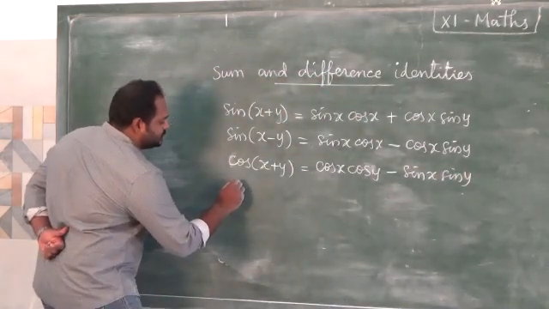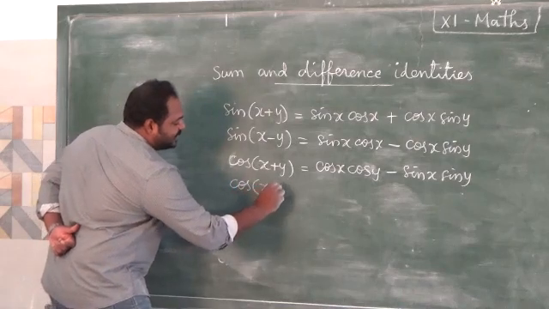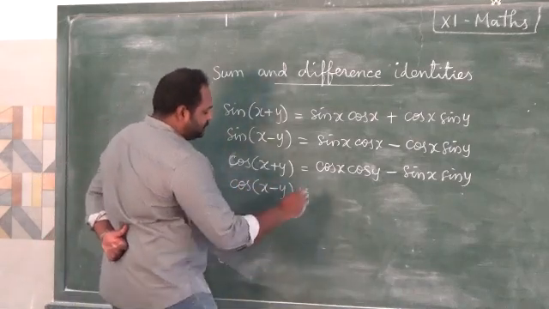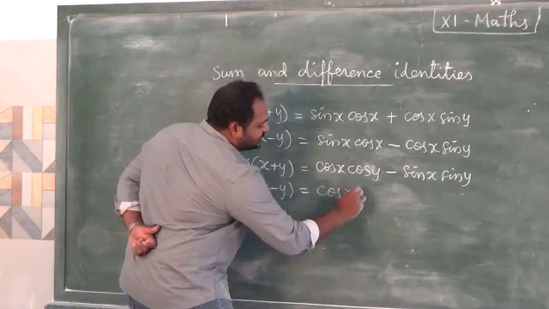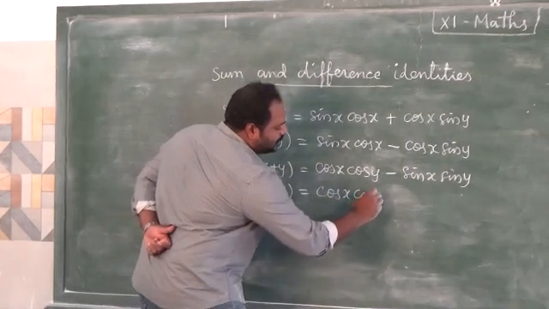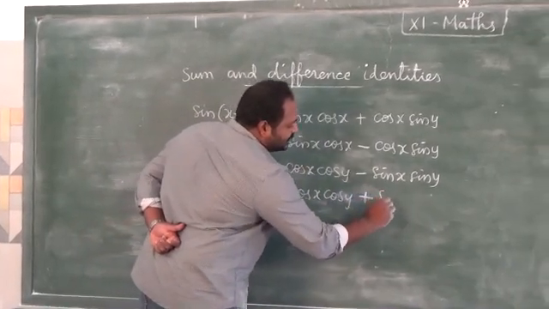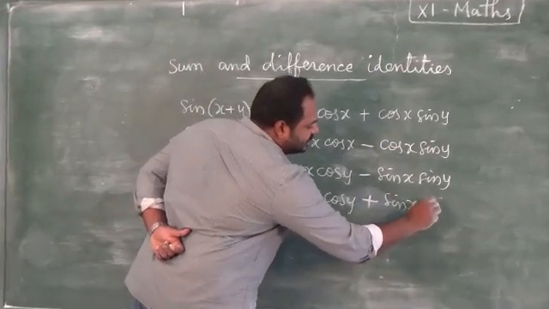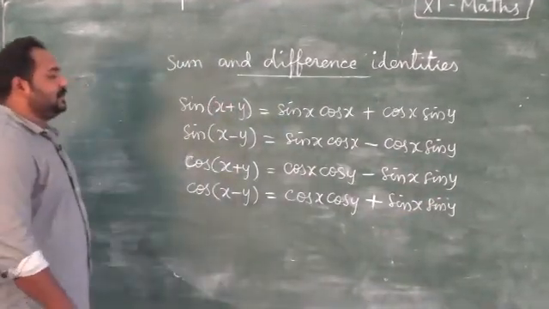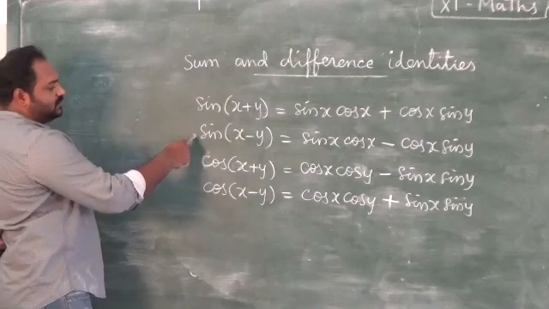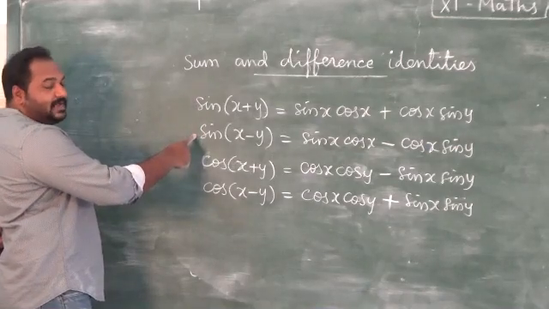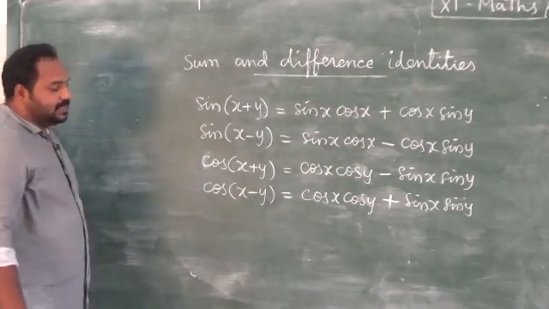Next, cos of x minus y is equal to cos x cos y plus sin x sin y. This is 4. These 2 are related with the sin values. These 2 are related with the cos values.